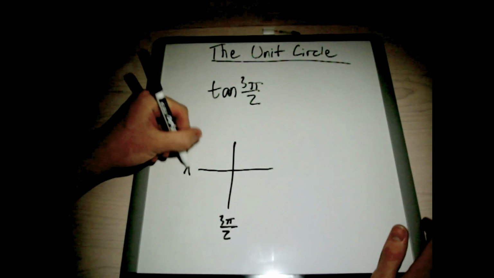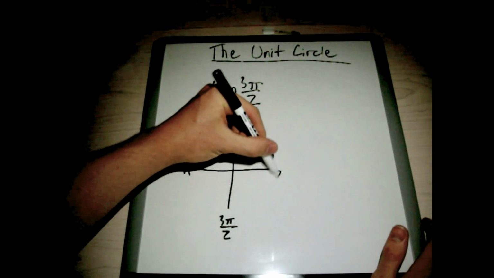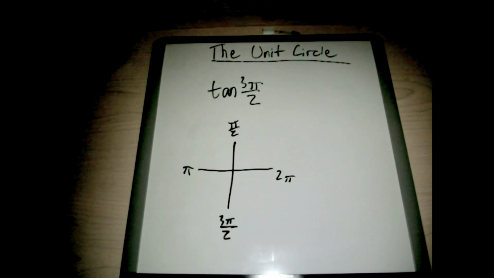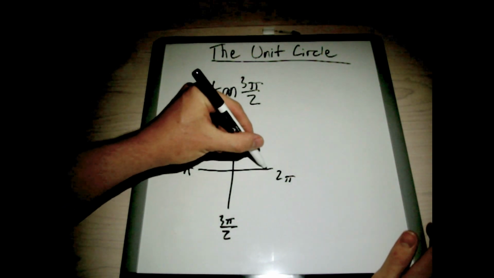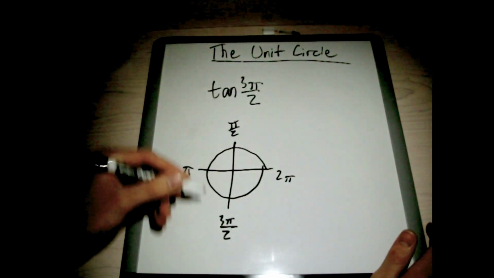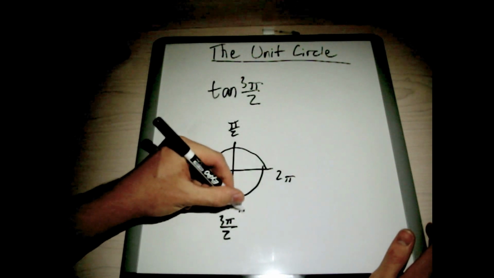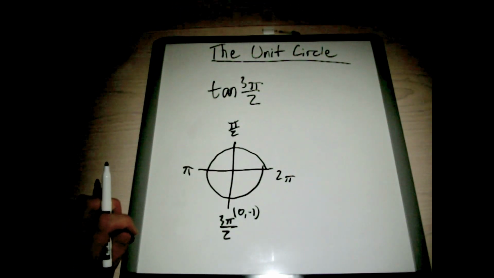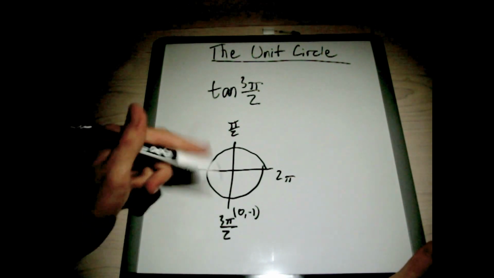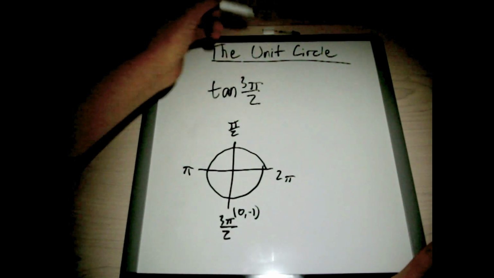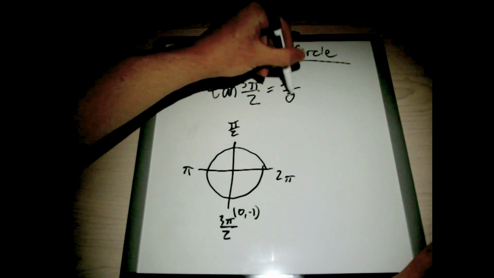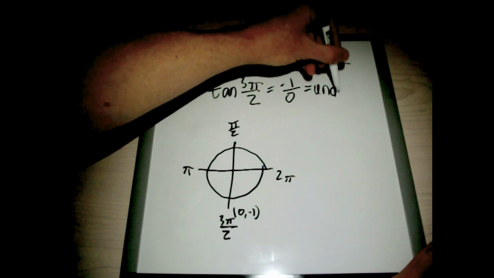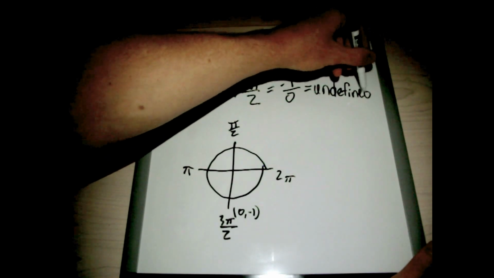That's where 3 pi over 2 is. So the coordinate for that is going to be 0, negative 1, because it's going down. So all tangent's going to be is sine over cosine. So that's going to equal negative 1 over 0. But that doesn't work, so it's going to be undefined because you can't have anything over 0.